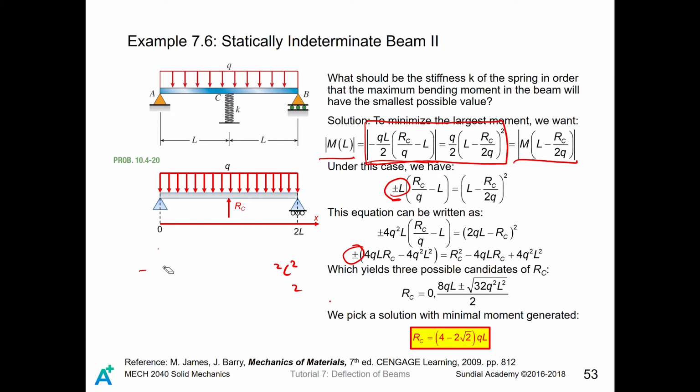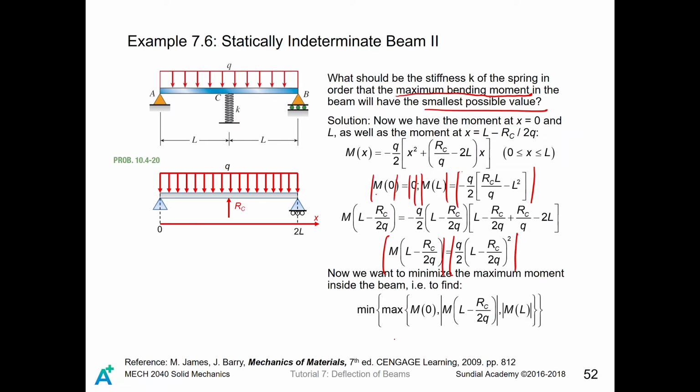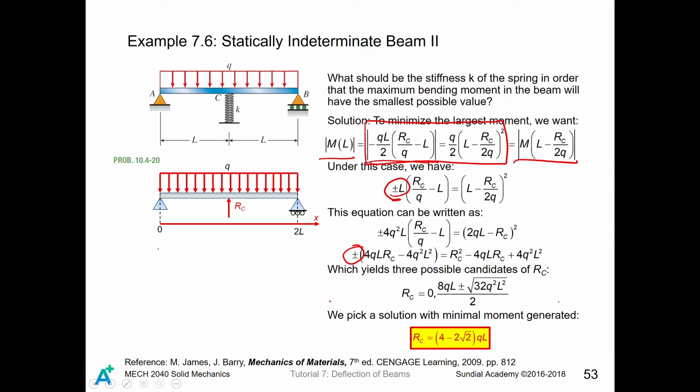The thing we are going to do is substitute each value of RC into this equation, the maximum of M(0), M(L), and M at L minus RC divided by 2Q. For those three values of RC, I want to know which value of RC will generate the minimum value of the maximum possible bending moment.